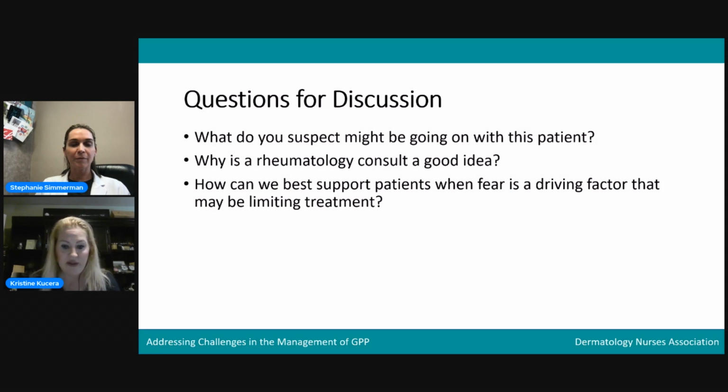I read a lot about them and I know the data inside and out. And I tell them I personally would take this medication if I was in your shoes. And I think a lot of times that gets them to where, oh, okay, well, if you would take it and you know about it, then it's probably not going to be so terrible. But she really, I agree with you, needs mental health counseling as well.